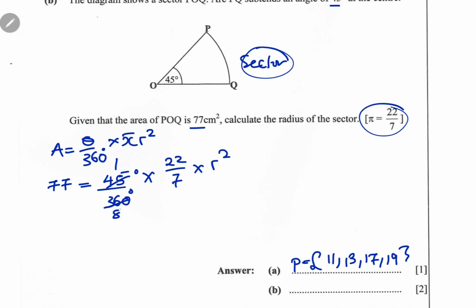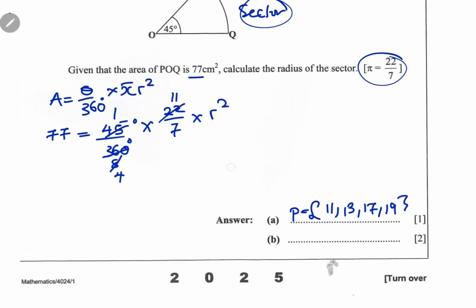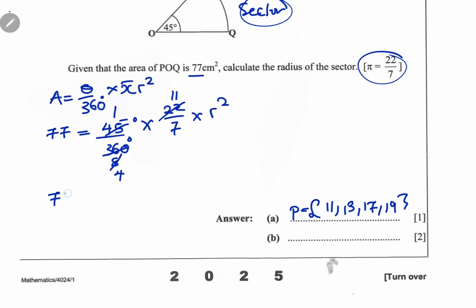Then I can reduce 8 and this 22. So 2 can go there 11 times. 2 can go there 4 times. So what am I remaining with this side? I'm remaining with 77 is equals to 1 over 4 multiplied by 11 over 7 r square. So now I can cross multiply at this point, and I can start with r square is equals to, all these at the bottom will multiply with 77.